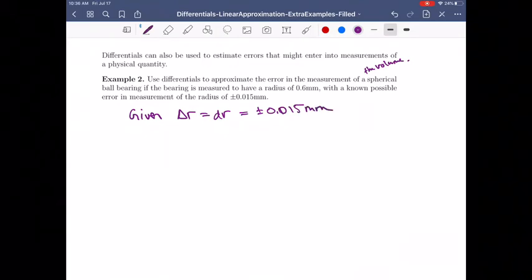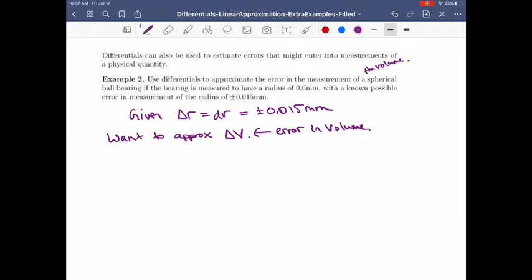Okay, and what we want to do is approximate delta V. This is the error in the volume calculation or measurement. So if we use our measurement for the radius, it's going to have a different effect on the volume. For a sphere, the volume is 4/3 pi r cubed.